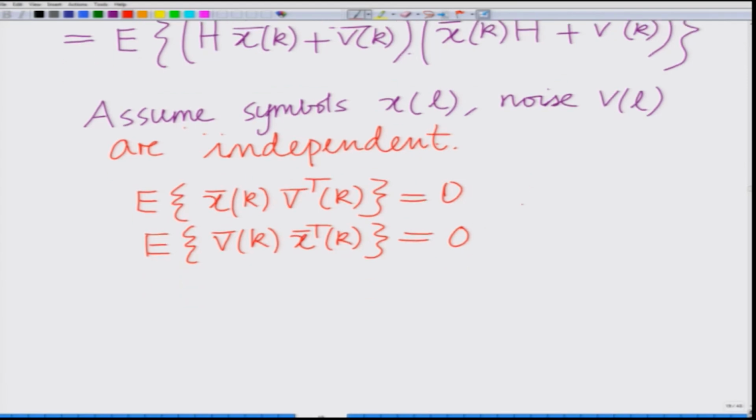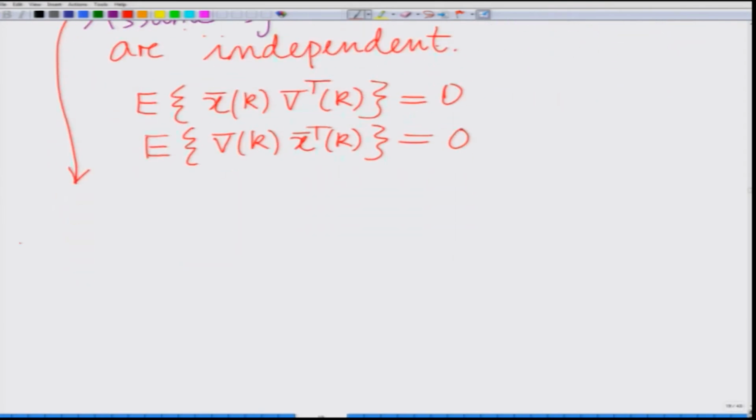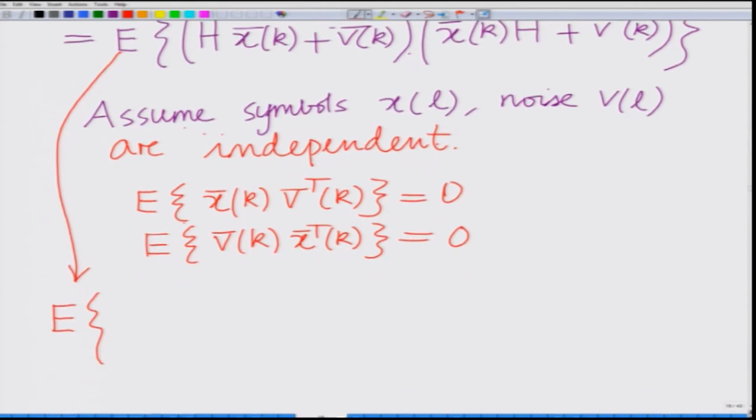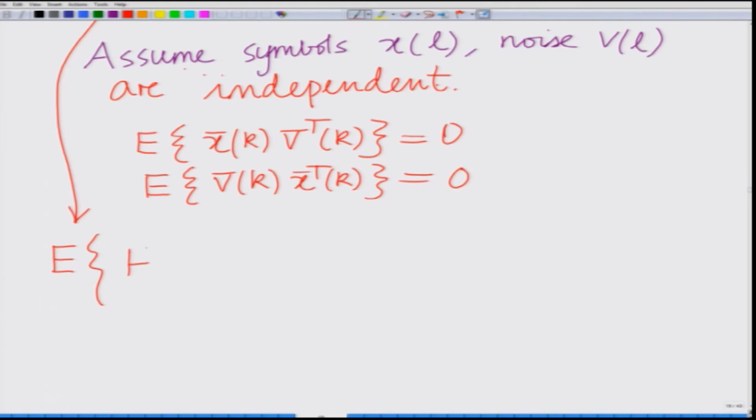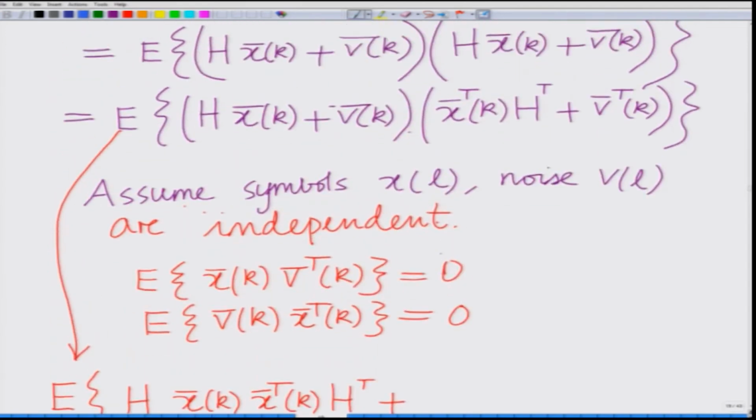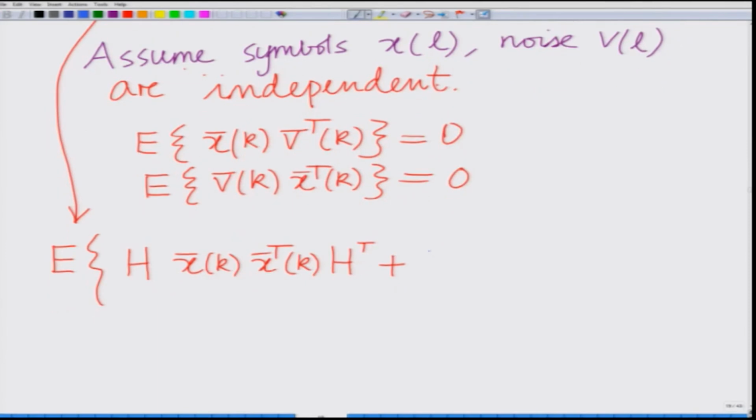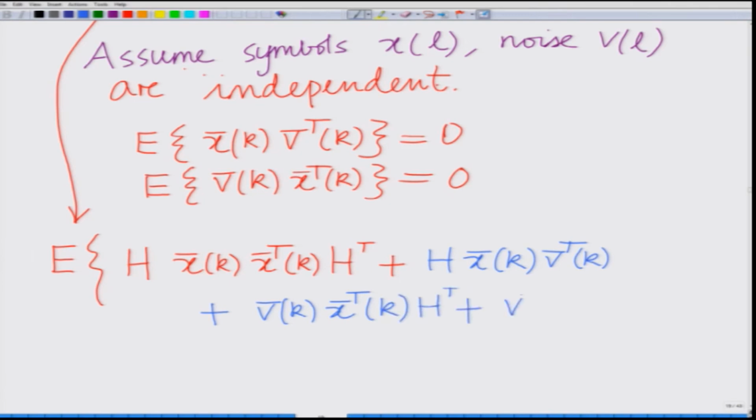And therefore, if you expand this covariance R y bar k, we are going to have expected value of h x bar k x bar transpose k h transpose plus h x bar k v bar transpose k plus v bar k x bar transpose k h transpose plus v bar k v bar transpose k.